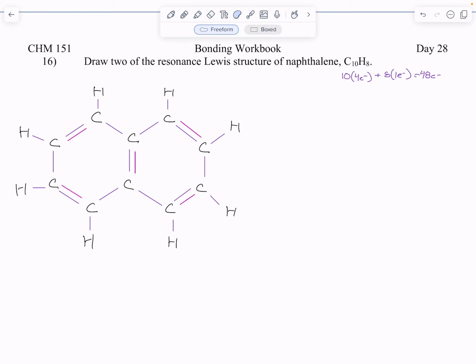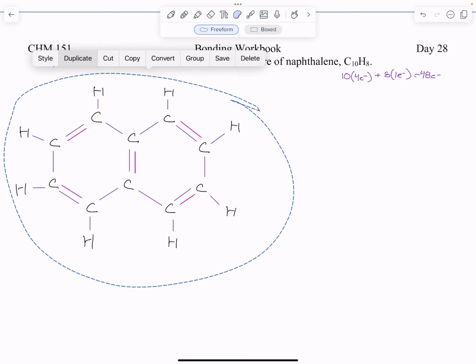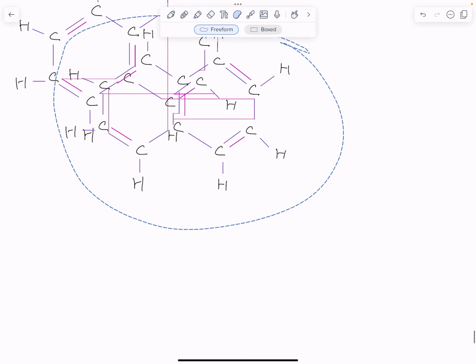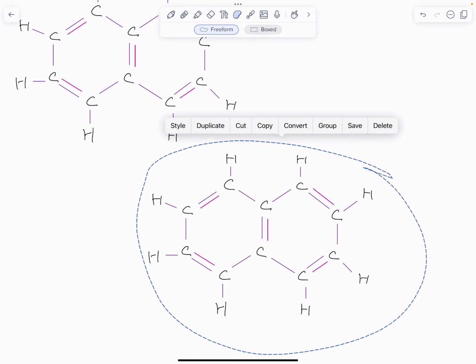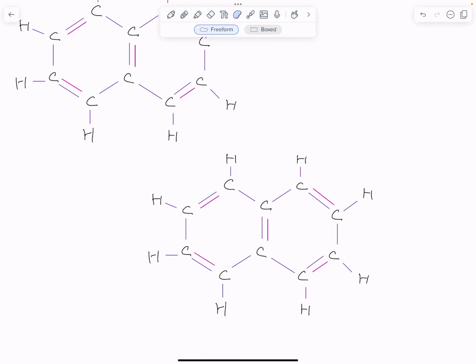naphthalene. Now you have to draw another one. Go again, if you haven't, at least pause now and try it. Hopefully you've tried it. I'm going to come down and draw the other Lewis structure. So I need to basically move these double bonds. So I can put it there, there, and there.